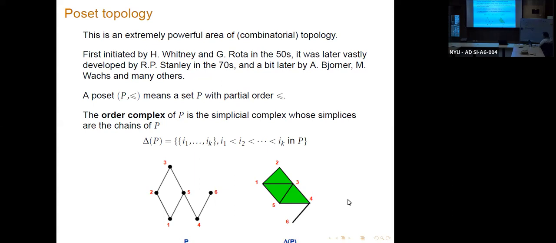And then you get, in fact, like a nerve, right? So you can realize it. Right? So the realization of this here is called the order complex.